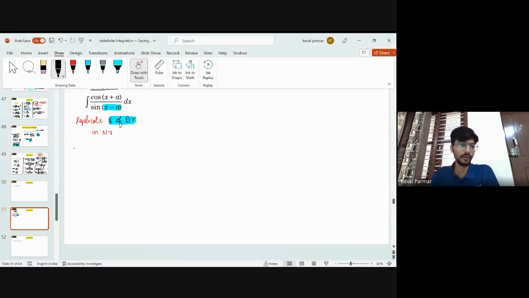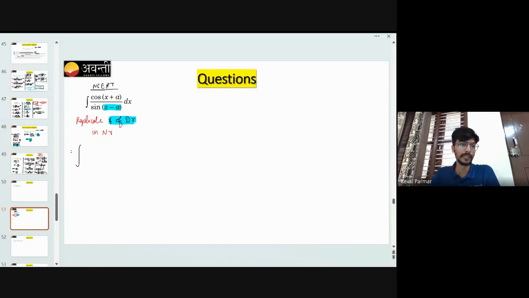So we'll try to replicate it in the numerator. So I'll get cos of x minus a plus 2a upon sine of x minus a dx.